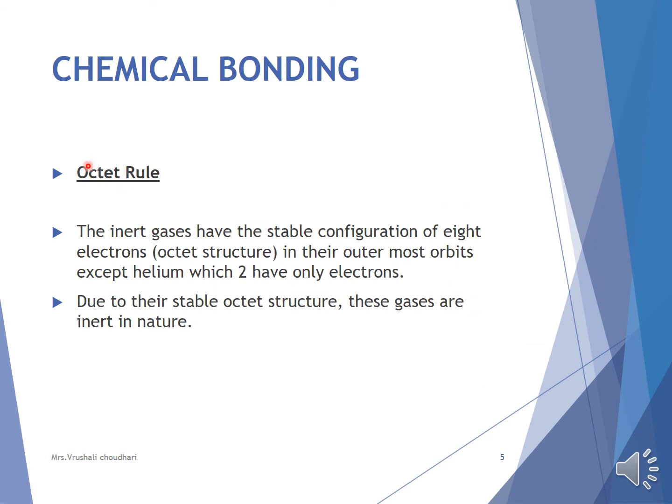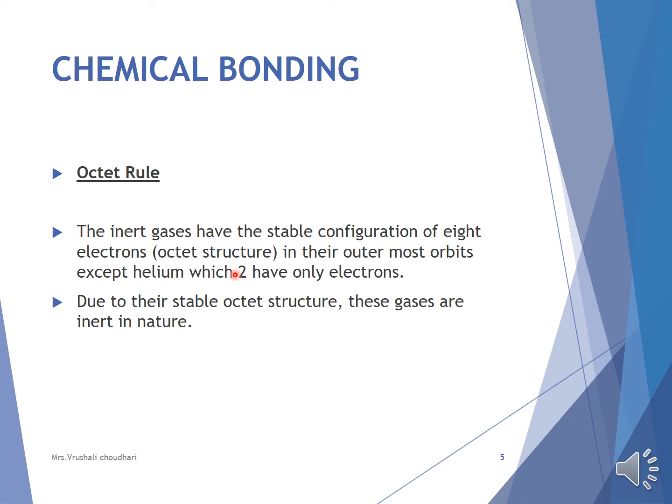Octet rule: the inert gases have a stable configuration of 8 electrons in their outermost orbit, except helium, which has 2 electrons in the outer orbit, completing a duplet. Due to the stable octet structure, these gases are inert in nature. What is the meaning of inert?